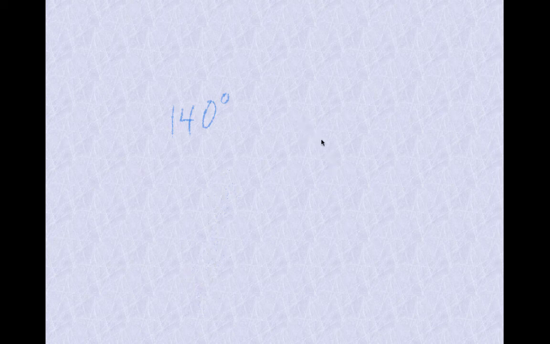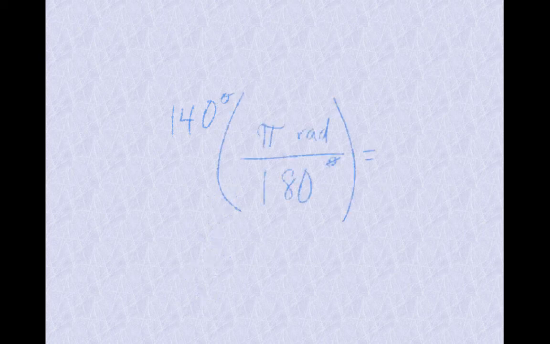So to make this one, I need to put the 180 down here and the pi up here. So degrees cancels this time, and I get 140 pi over 180. Cancel out the zeros. 14 over 18 is 7/9, 7 pi over 9. And now it's in radians.